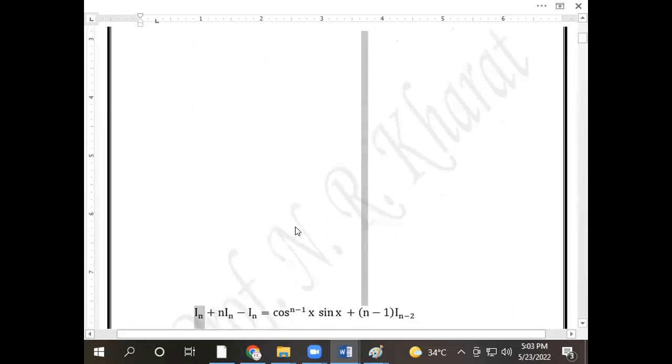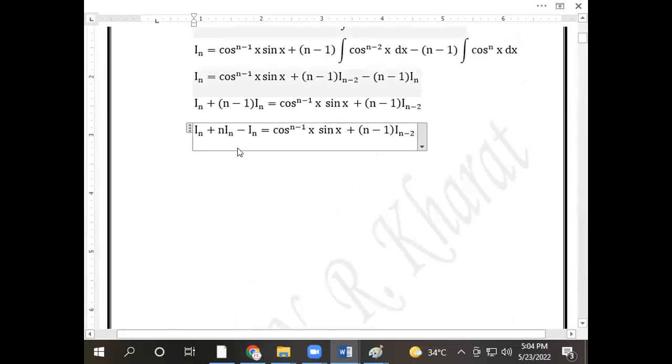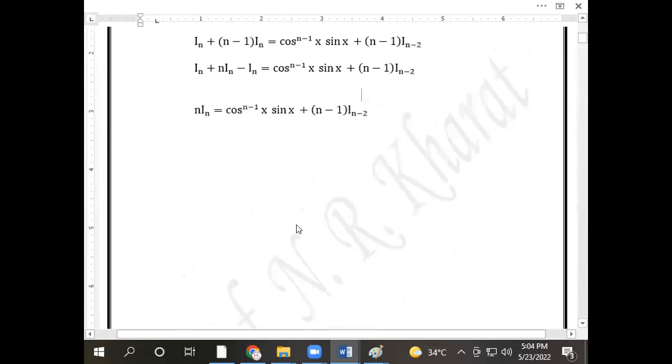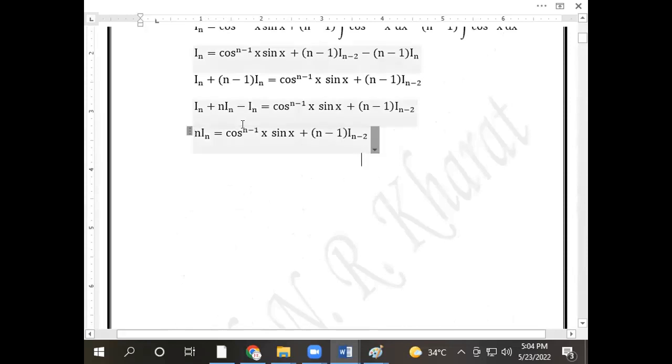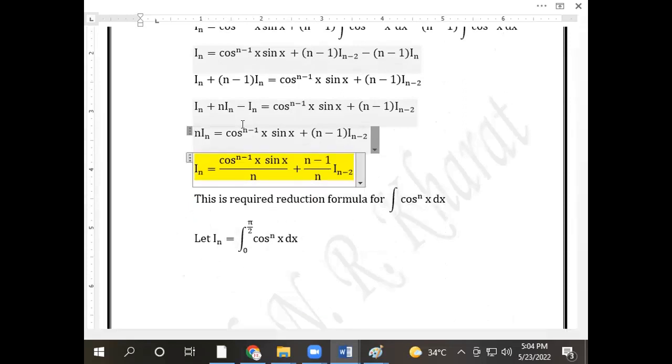Making the simple calculation on your left hand side, we get this step. I_n gets cancelled. Again, the same reduction formula for your cos function.